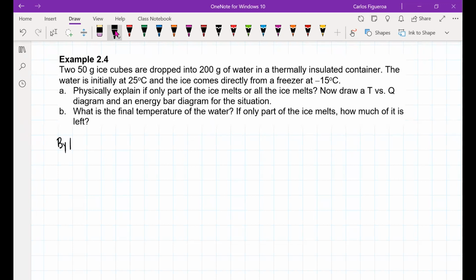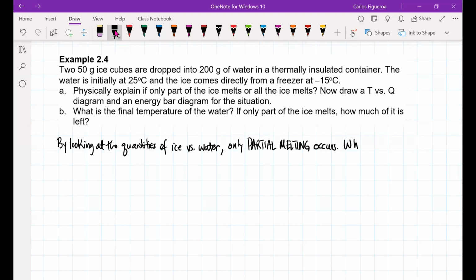By looking at the quantities of ice versus water, only partial melting occurs. And then we could ask the question, how do you know this? Well, let's look at what we have.